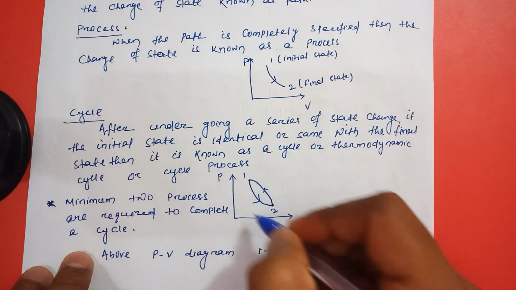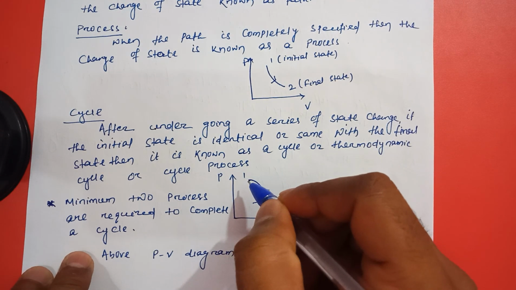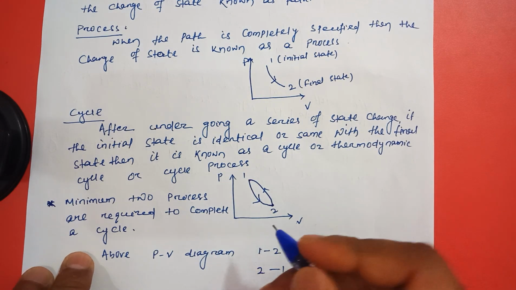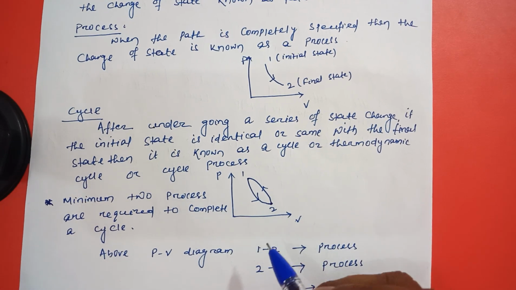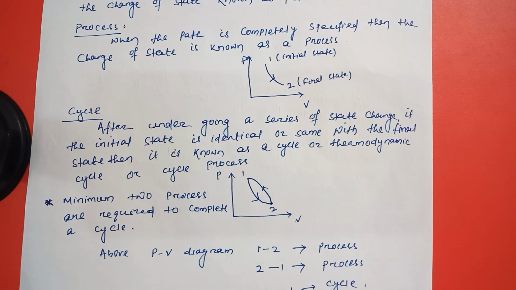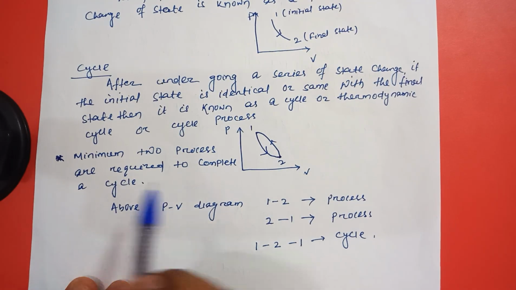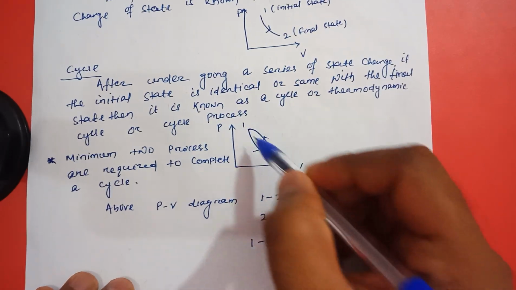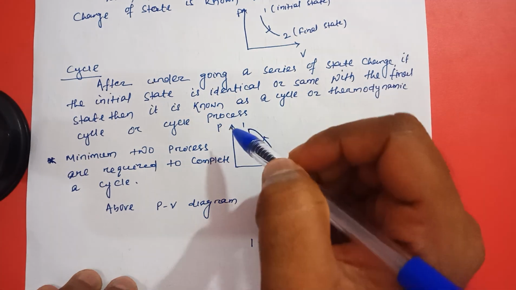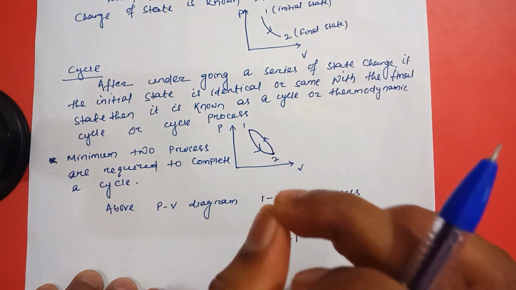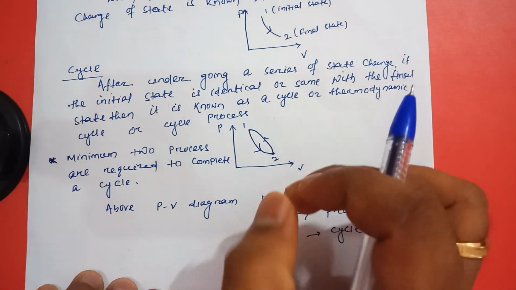Both the states are identical, so it is known as your cycle. Minimum 2 processes are required to complete a cycle. Remember this, minimum 2 processes. Process 1 to 2, then 2 to 1. So to complete a cycle, minimum 2 processes are required.